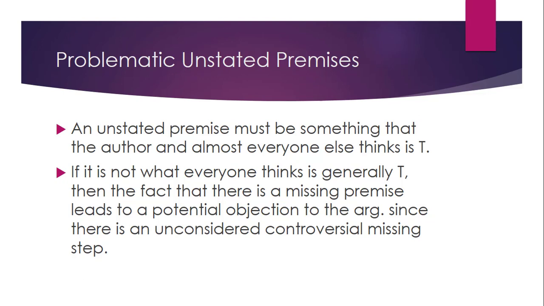So sometimes it can be the case that a person giving an argument may have an unstated premise, and maybe they don't even realize that they have an unstated premise. That unstated premise is controversial. And if that unstated premise is controversial, and especially if it's not true, then the argument will not work.